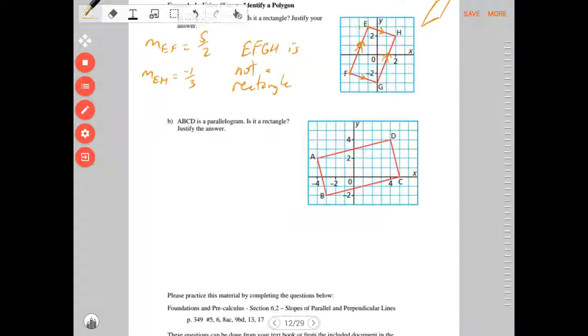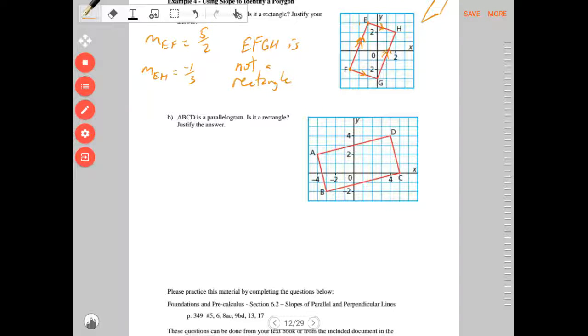Okay, so let's try for B. ABCD is a parallelogram, but is it a rectangle? Same kind of thing. We're going to figure out the slopes of AD and DC. You can have any pairing of those, just as long as it's the slope of one of the longer lines and the slope of one of the shorter lines. So I'm choosing AD, and let's figure out the slope of CD as well.